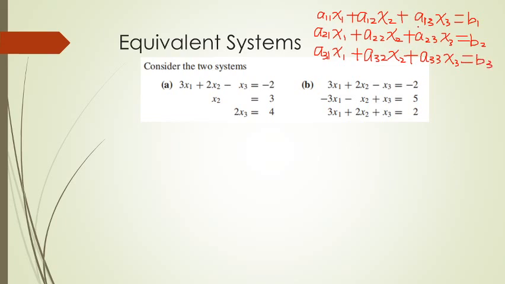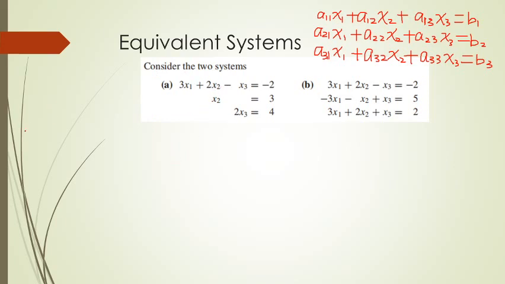That is the standard 3 by 3 linear system, right? We do have 3 equations, 3 variables, 3 unknowns, x1, x2, x3. And all the aij's and bi's are given, they are real numbers. We discuss the linear systems over the real numbers.